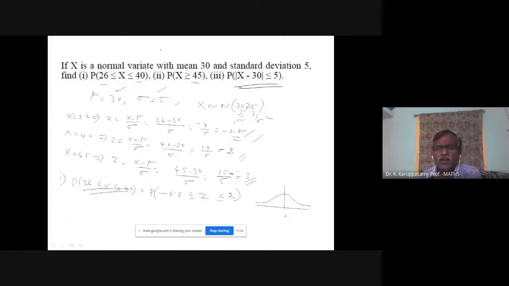I will explain what is modulus. There are some basic results we may need. Modulus of minus 2 value is 2. Modulus of 2 is also 2. If you take modulus, that number becomes positive. What about modulus of x less than or equal to 2?